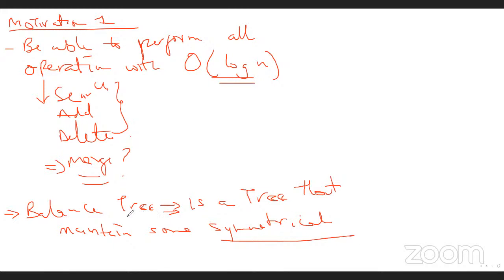So a balanced tree is a tree that would maintain some sort of symmetry. That's what we are looking to do, to have a tree that maintains some sort of symmetry.